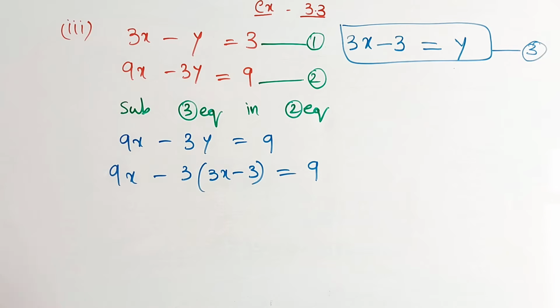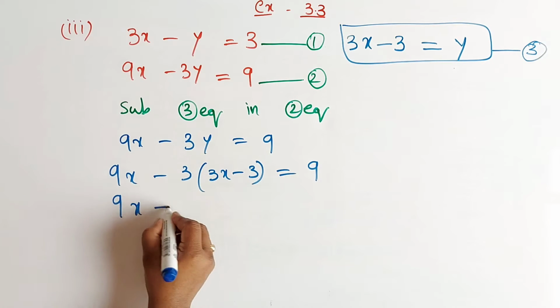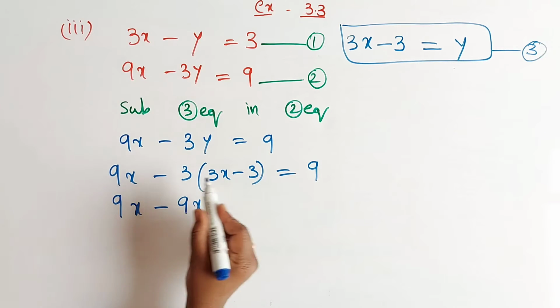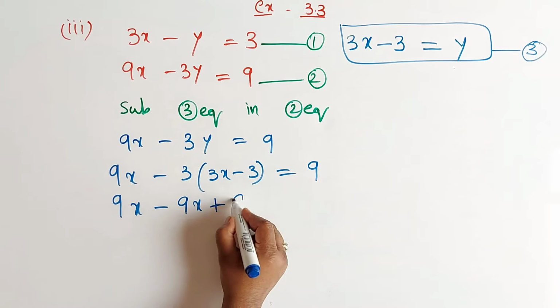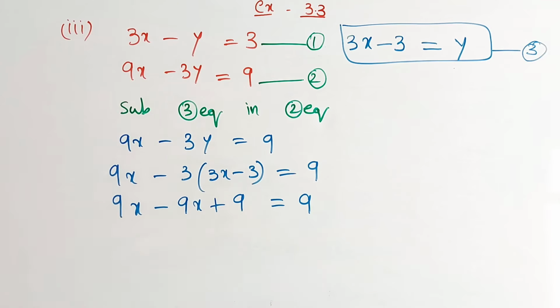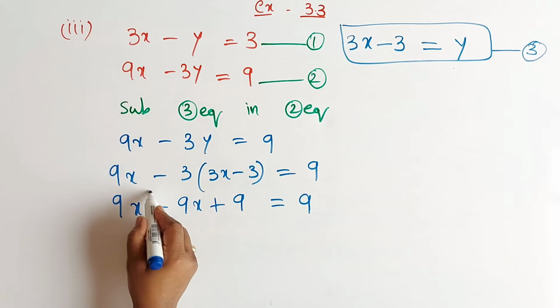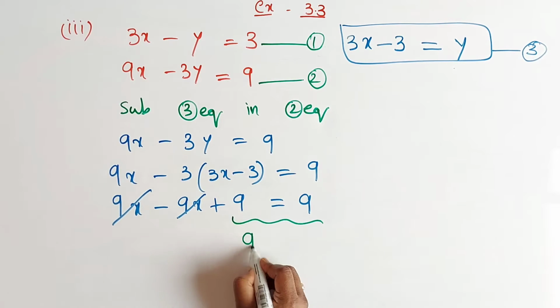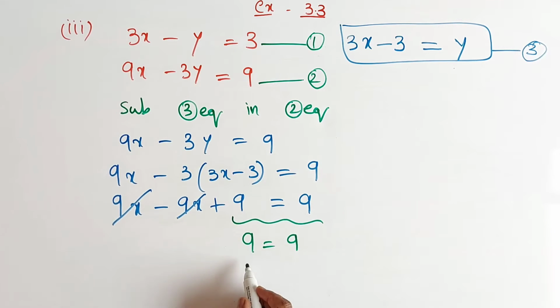Correct, children? So from here, 9x minus 3 into 3x, 9x minus 3 into minus 3 plus 9 equal to 9. Now here 9x minus 9x will get cancelled. From here we can write 9 equal to 9, children. It is correct, no? 9 equal to 9 only.